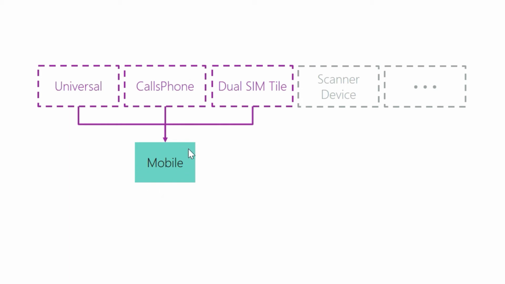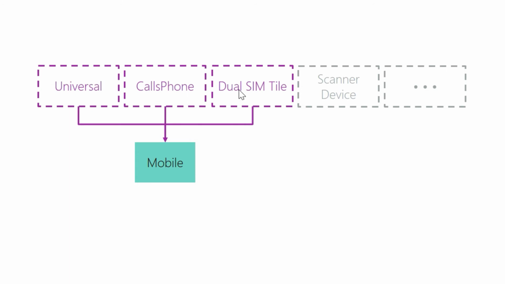The mobile device family consists of those devices that support the Universal API contract, the calls phone API contract, dual SIM tile, and a few more, but not the scanner device contract and so on. So again, a device family is a collection of the API contracts that it supports.